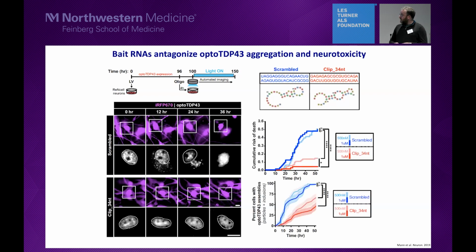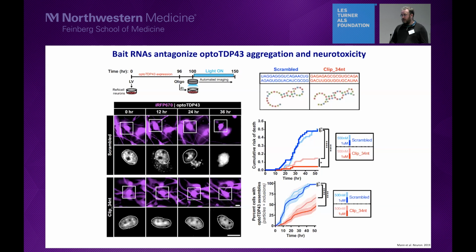And so that's just quantified here. We also have a very strong protective effect. So these neurons that keep TDP-43 inside the nucleus do not experience cell death as much as in the scrambled control. So this is a neuroprotective activity of this short RNA.